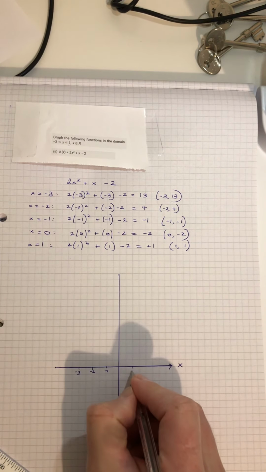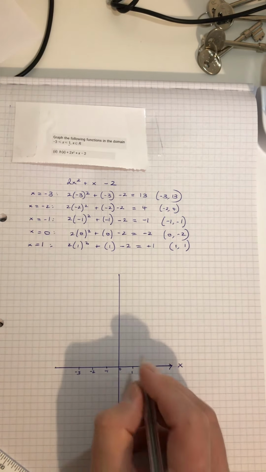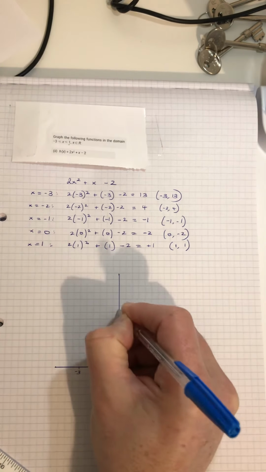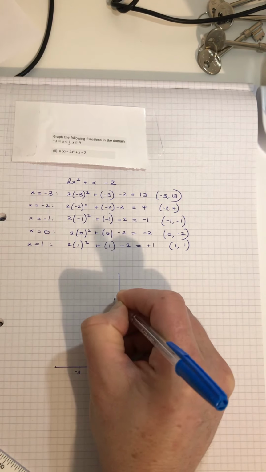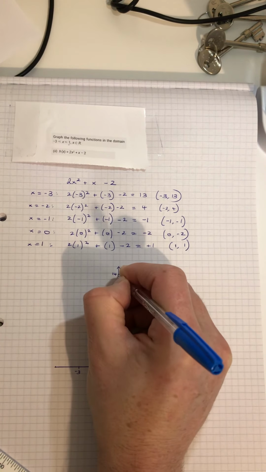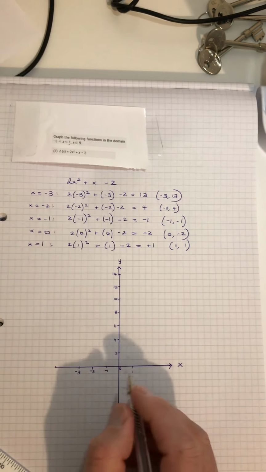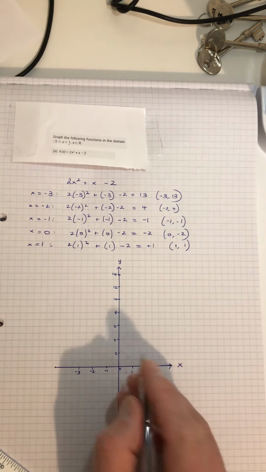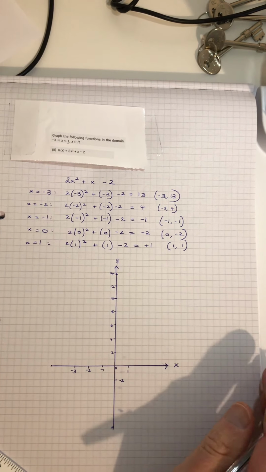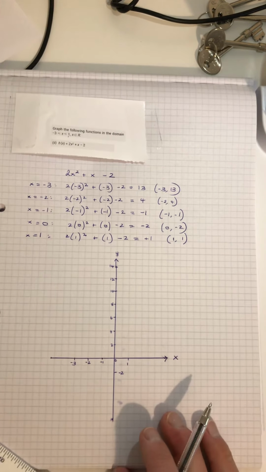Okay, and 1, 0 in the middle, 2, 4, 6, 8, 10, 12, 14. So this is our y-axis. And down below we need to get down as far as -1. So that's -2. So now we're going to plot the points, x and y.